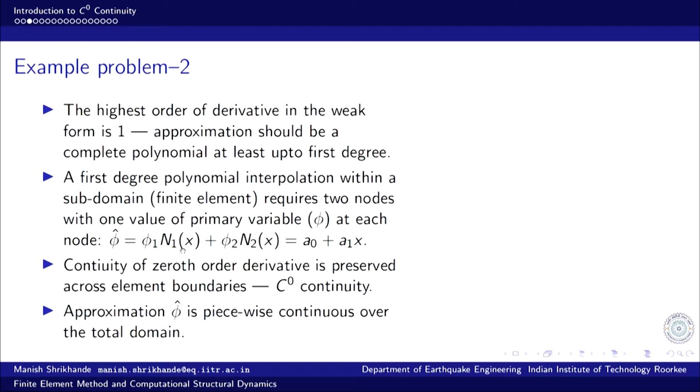So, phi 1 N 1, phi 2 N 2 as the 2 node interpolation, and obviously this is a straight line; 2 points, 2 values can define one first degree polynomial.